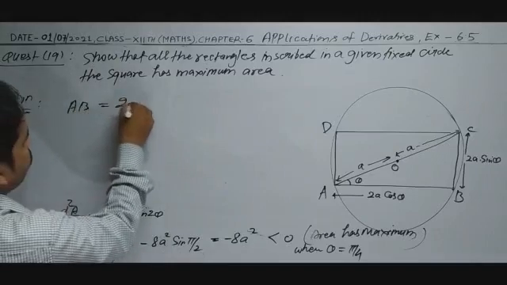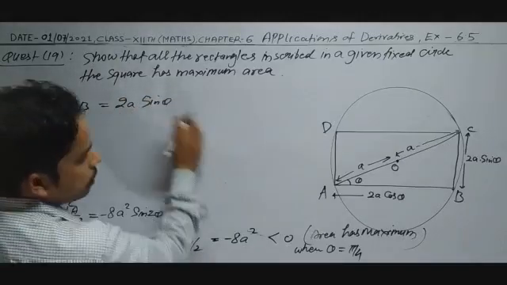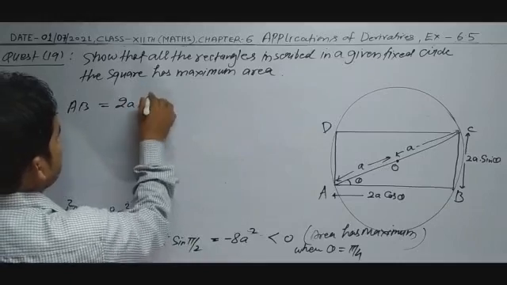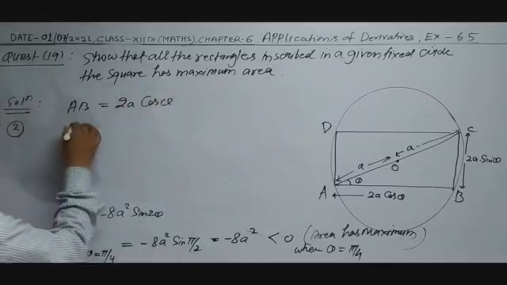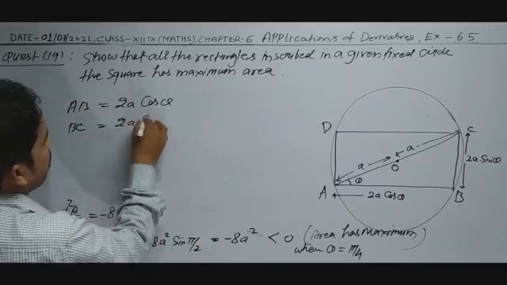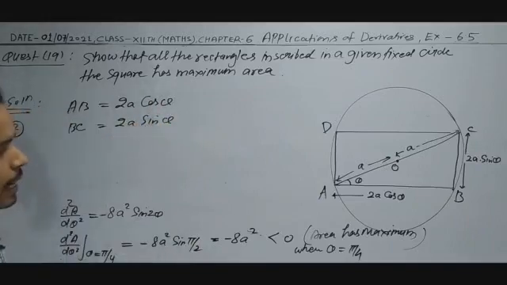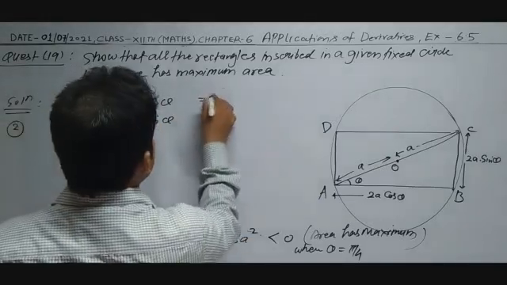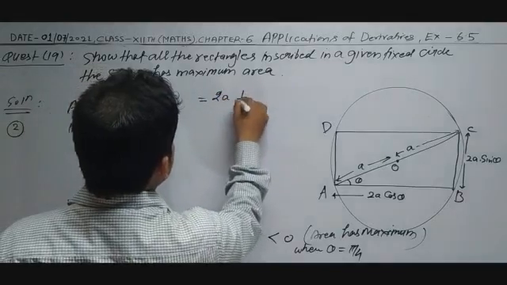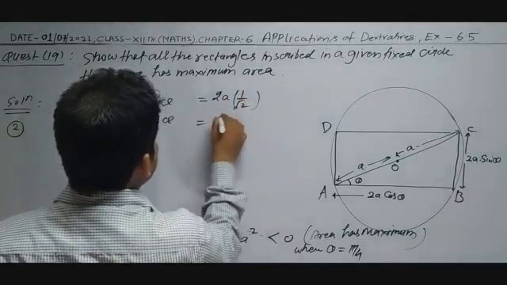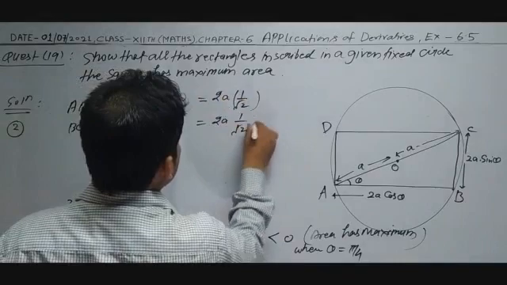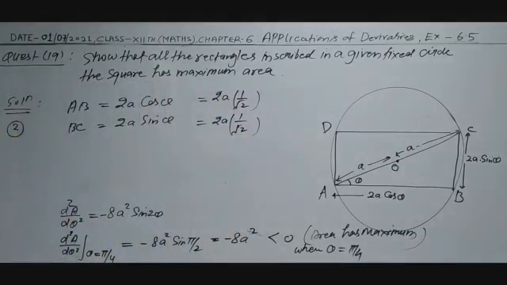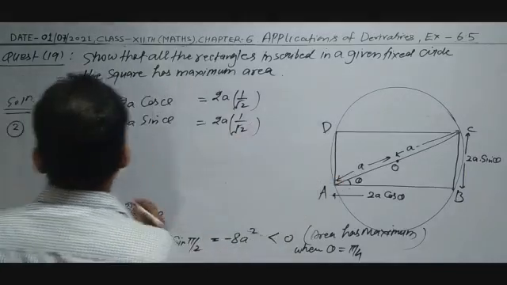AB is equal to 2a cos theta, and BC length is 2a sin theta. At theta is equal to pi by 4, the result will be 2a by root 2, and BC will be the same result, 2a by root 2. So AB and BC are both the same, the sides are equal.